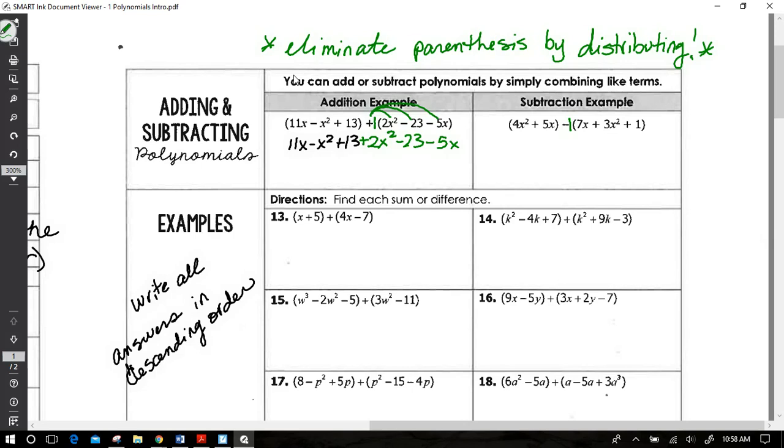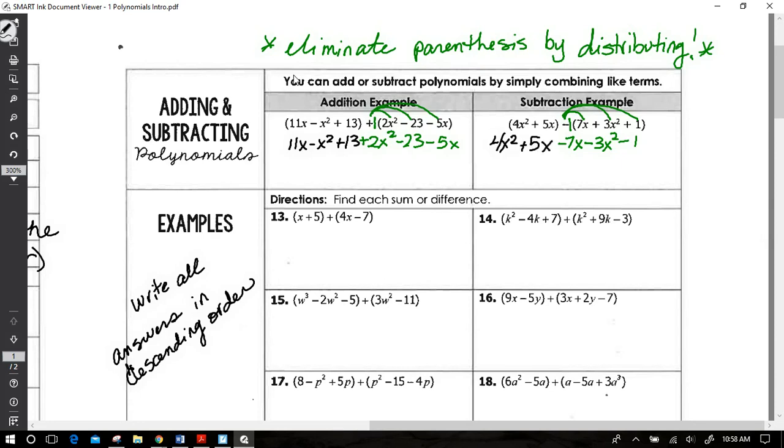I want to do the same thing for the subtraction example. Okay, I am going to distribute this negative 1. So it is negative 1 times 7x. It is negative 7x. Negative 1 times 3 is negative 3, and that's x squared. Negative 1 times 1 is negative 1. And I'm going to bring down what was up here in front of it.